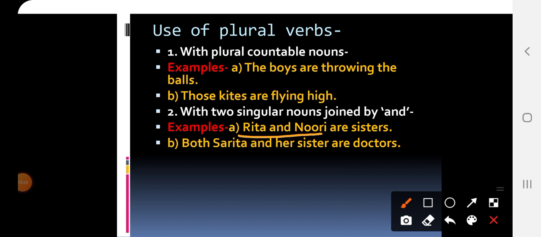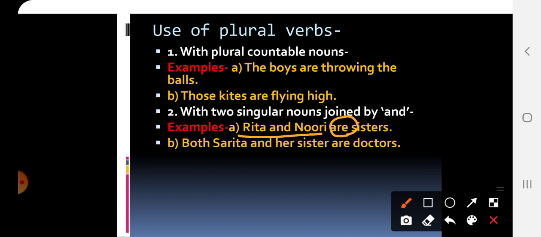Rita is a singular noun or singular subject. Noori is another singular subject, but both singular subjects have been joined with the conjunction and. So that is why it took the verb are with it, which is a plural verb.